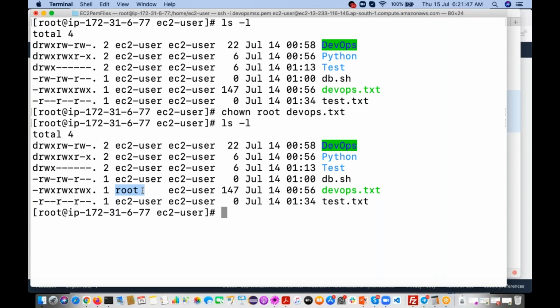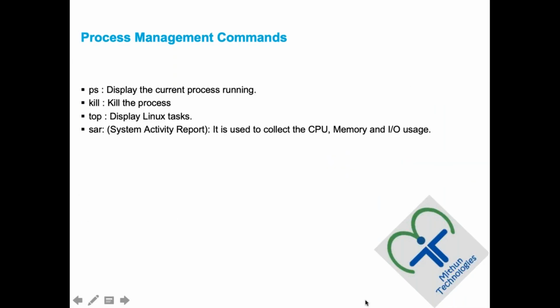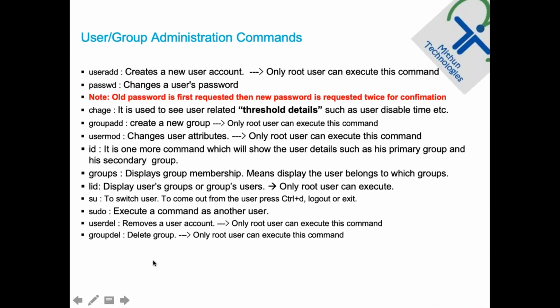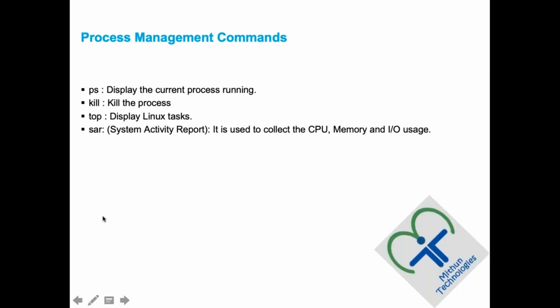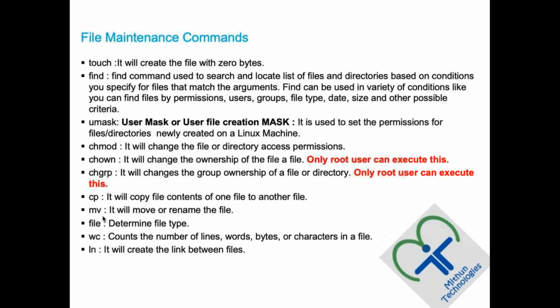Srinivas is asking, can you just execute su -? We'll execute that later. If you execute su -, it will ask for the password. Do you have a password for the root user right now? No. When we discuss administration related commands, we have a command called su and sudo. We'll discuss that time. Wait until then.